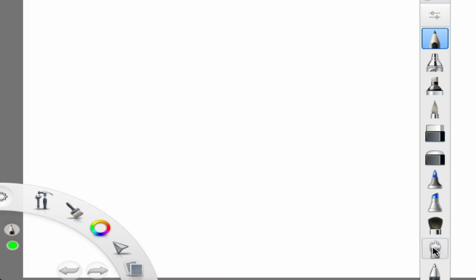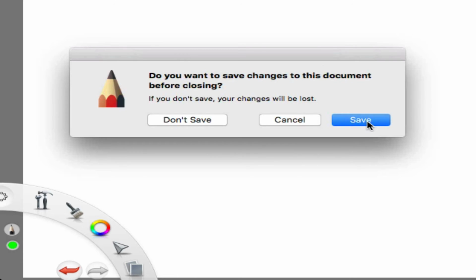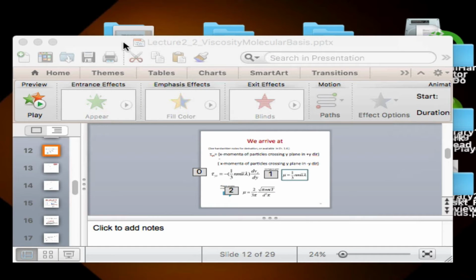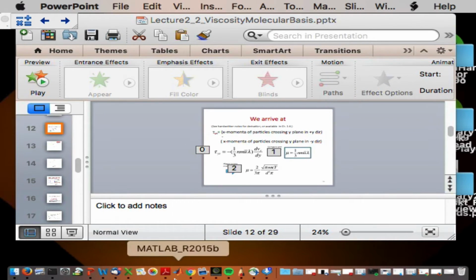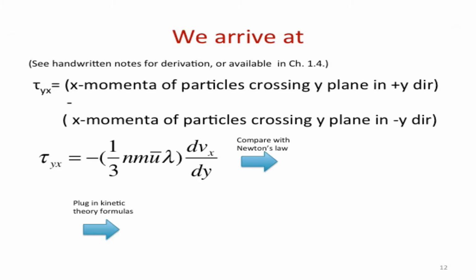I'm just going to disconnect this. And now trying to get out of this software is always a bit of an issue. Control V.